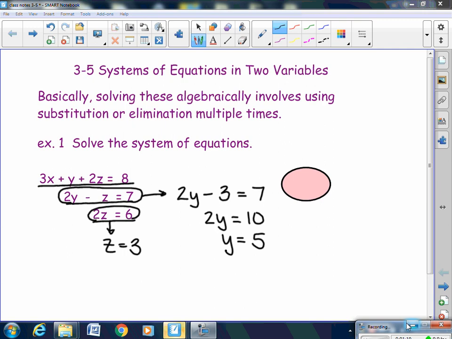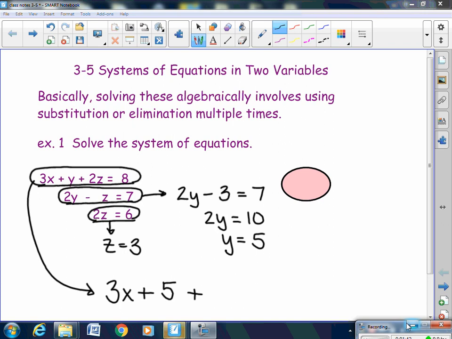Now that we know z and y, we can go back up into this longer one and substitute those numbers into 3x plus y plus 2z equals 8. It's going to look like 3x plus, in place of y, I'm going to put 5.